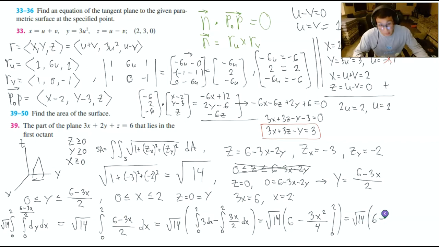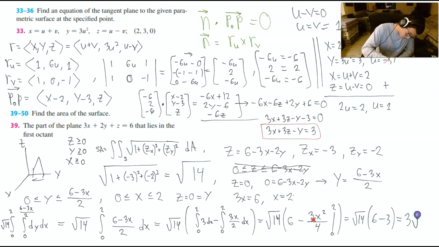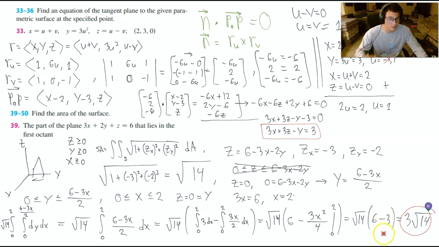Okay, and then 2 squared. 2 squared is 4. 3 times 4 is 12. 12 divided by 4 is 3. 6 minus 3 is 3. Not 2. I wrote 2 earlier. So, it's 3 square root 14. Yeah, earlier I made a minor mistake. I mean, just right here I made a mistake and I said 6 minus 3 is 2. A little embarrassing, but, you know, that's math, right?